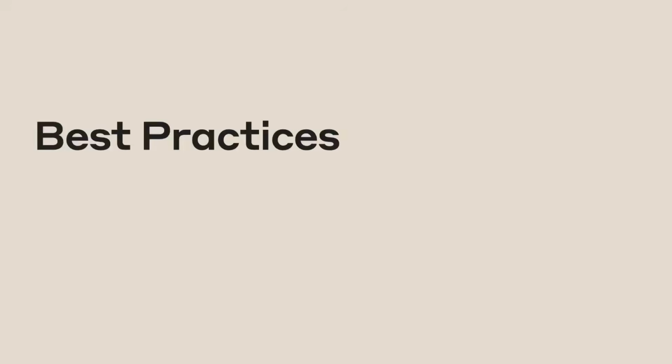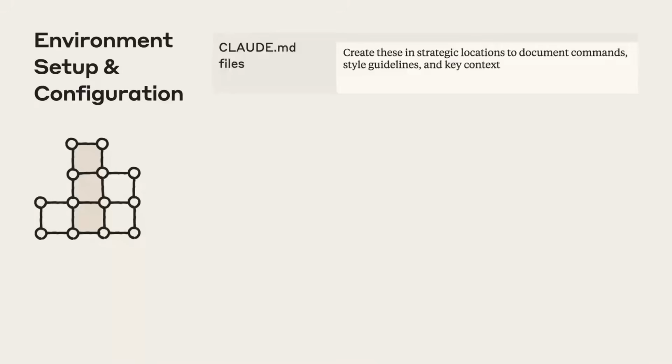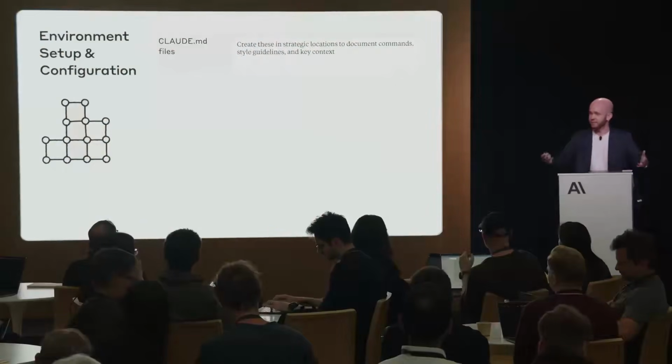Now, let's talk about best practices. The first one is not going to be a surprise: use claude.md files. Remember that Claude Code is an agent, and it has some tools and some lightweight instructions in the prompt, but it doesn't really have memory.